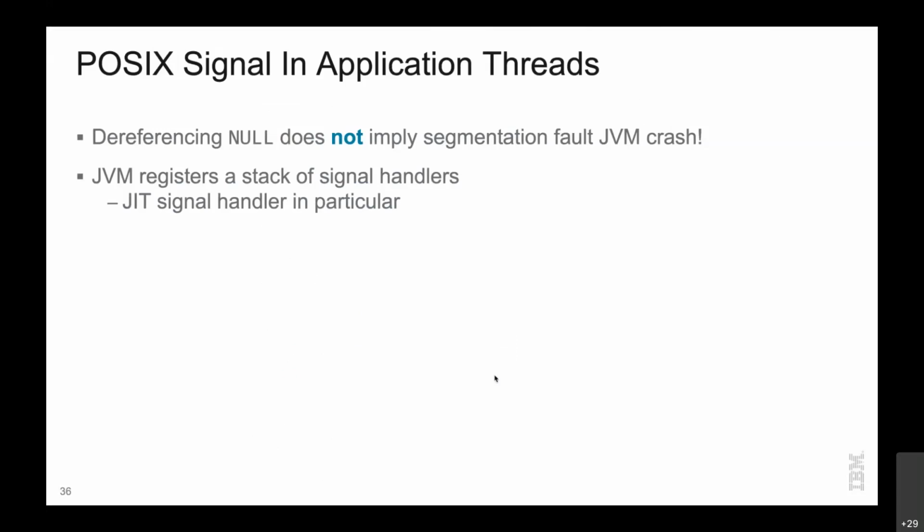The reason is that during startup, the JVM registers a stack of signal handlers, which can handle various POSIX signals. Each of these signal handlers is given an opportunity to handle a signal. In the case of an application thread dereferencing null, the JIT signal handler will be given an opportunity to handle it.